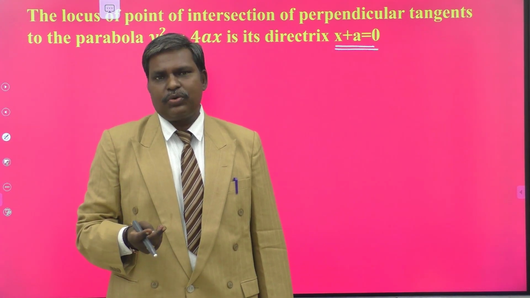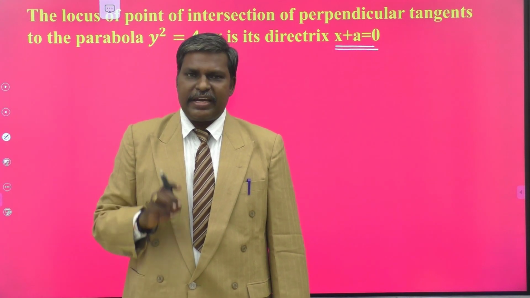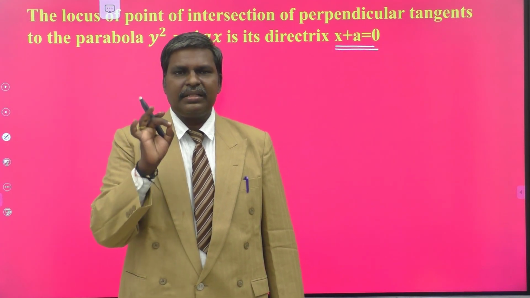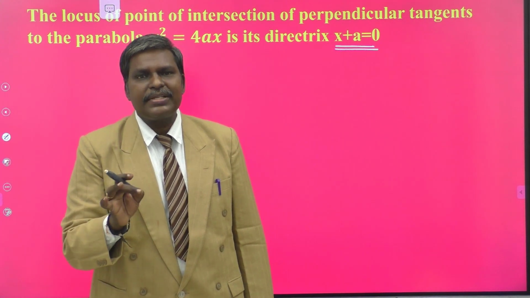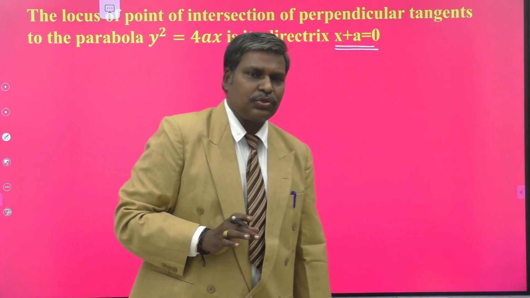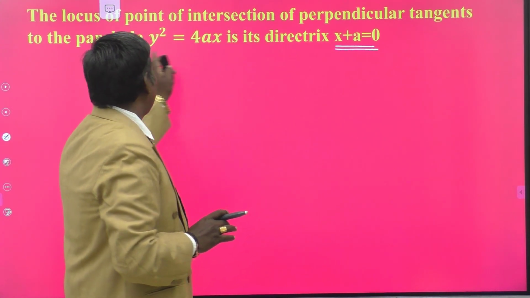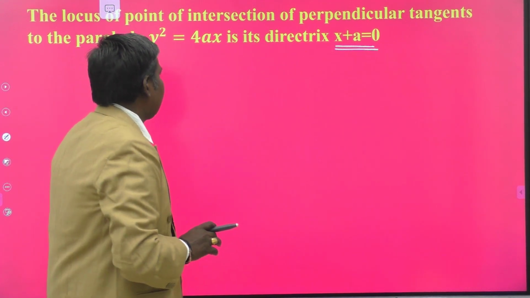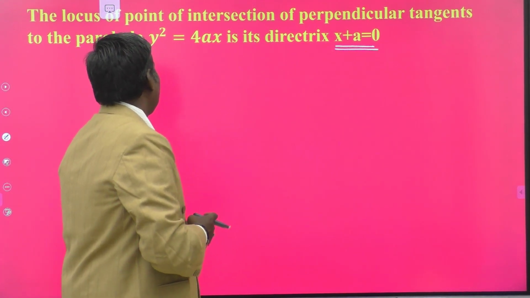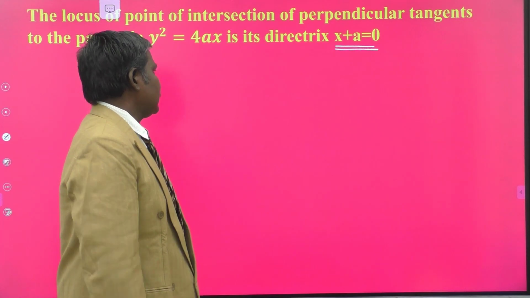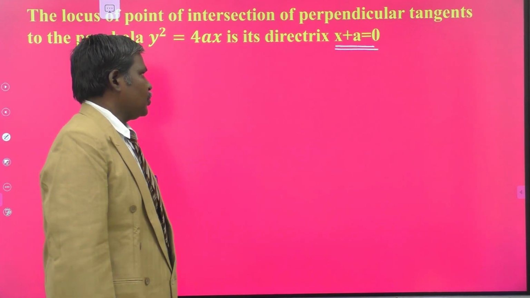You have to take a pair of tangents. The angle between them is 90 degrees. Immediately, their point of intersection lies on its directrix, which you are going to show.